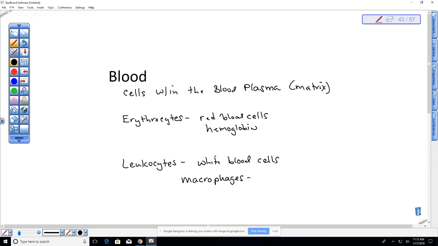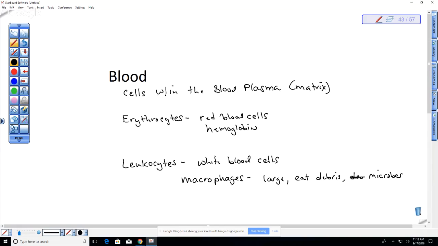So these are white blood cells that eat other cells. These are large phagocytic cells that eat debris and dead cells, or maybe eat debris and microbes. So they would eat bacteria, for example.